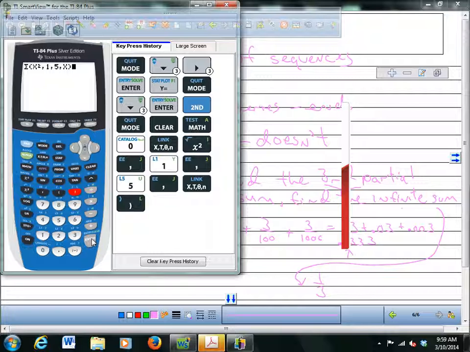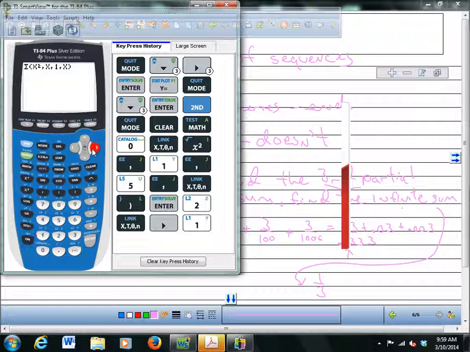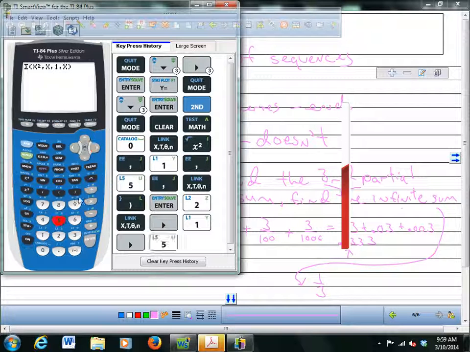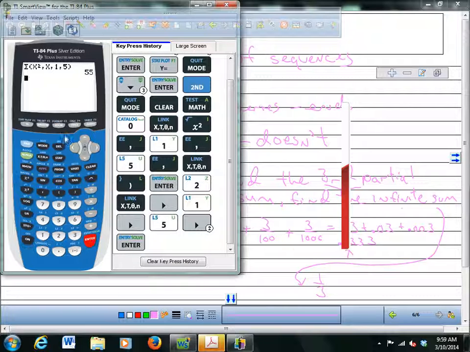Let's see if this works. What did I do wrong? I think I have to do x first. No, you don't have to do anything fancy. Maybe I don't even need the x. Let's see. There it goes, okay?